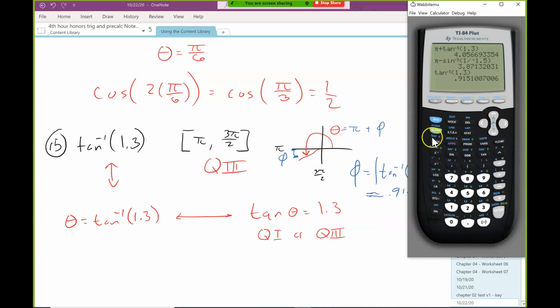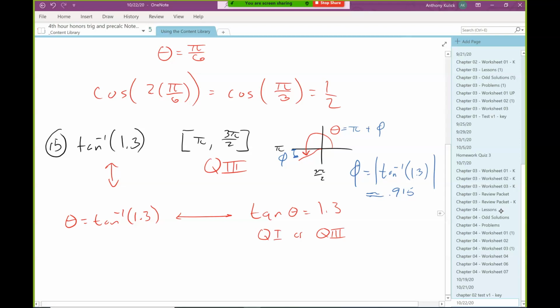And if I add that to pi, I get 4.057. And that's the answer that we're looking for.